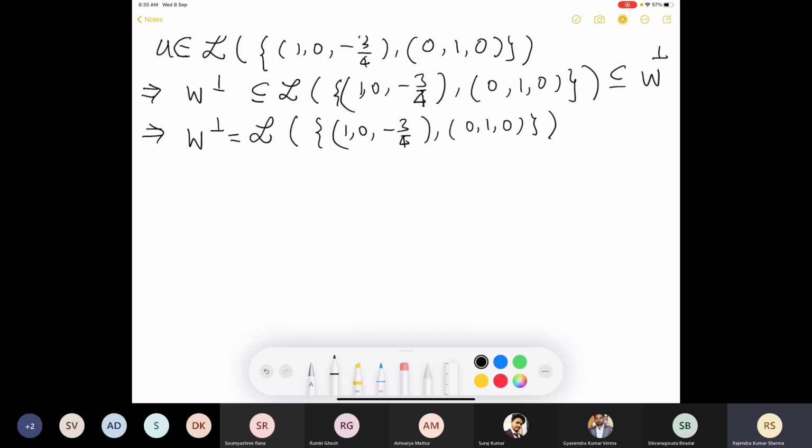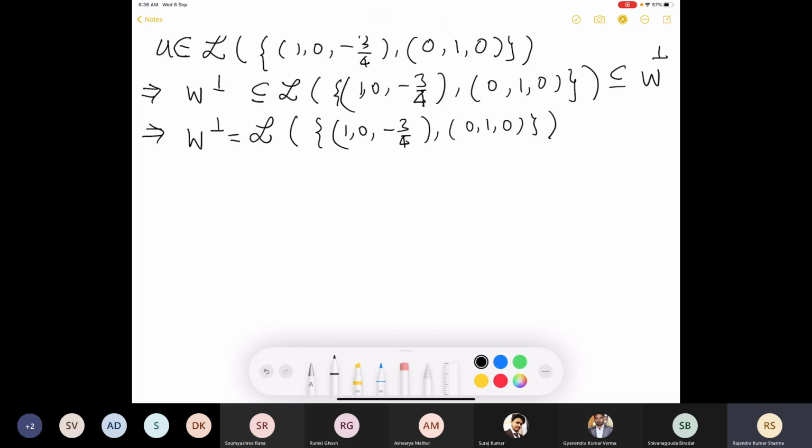So a basis for the orthogonal complement of W consists of two vectors, namely (1, 0, minus 3/4) and (0, 1, 0). You can obtain some other basis also by giving different values to U1 and U2.